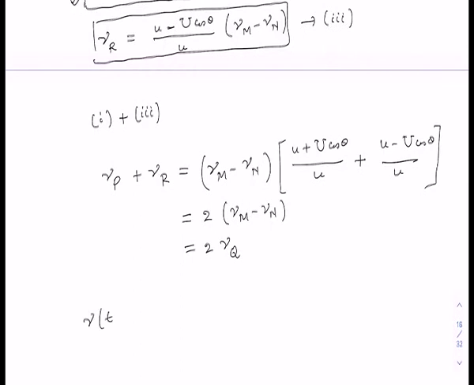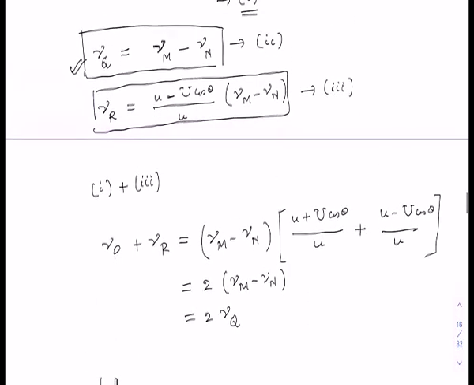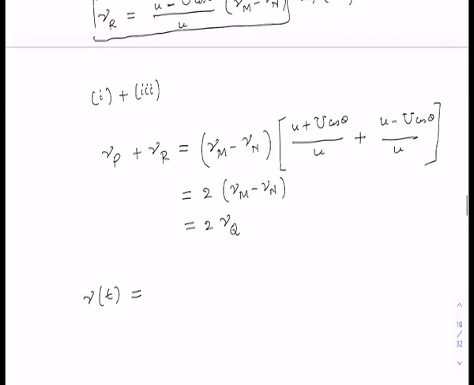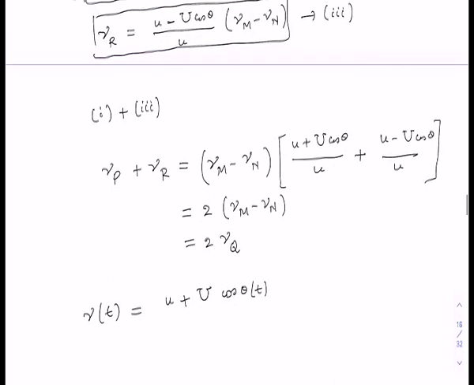Nu of t, if you look at formulas 1, 2 and 3, it would be (u plus capital U cos theta) divided by u, and then you have nu m minus nu n.